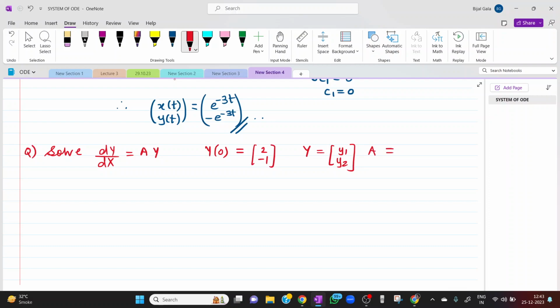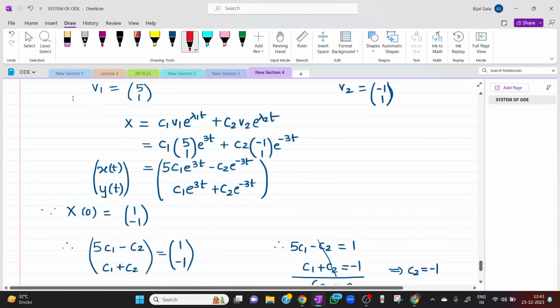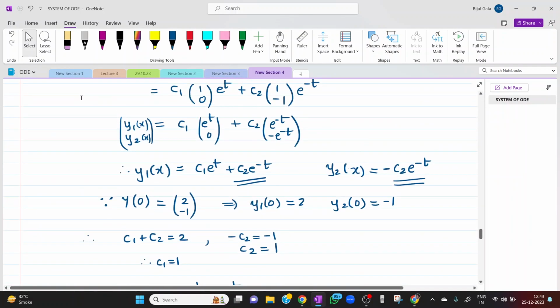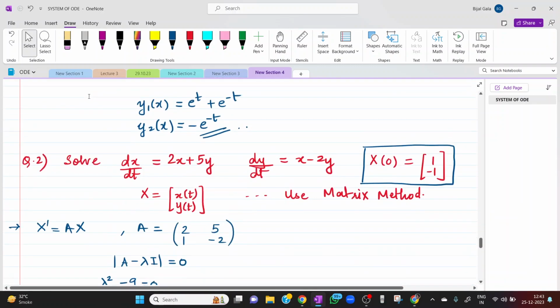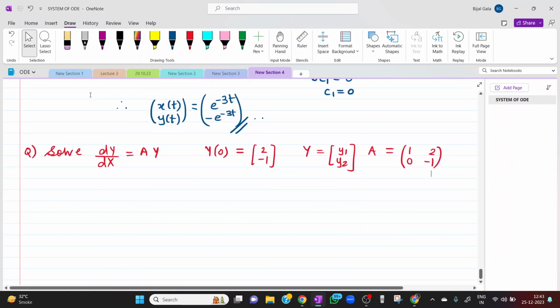A is equal to, okay, I think we did this. Yes, already done. Okay, fine, not an issue.